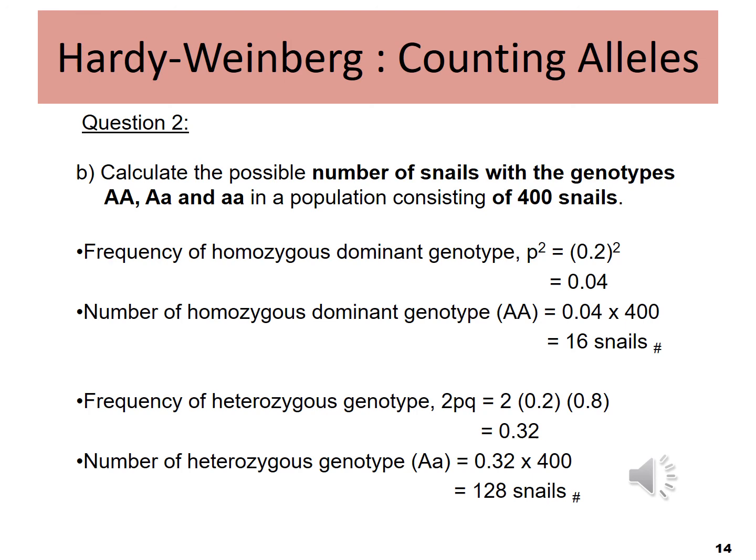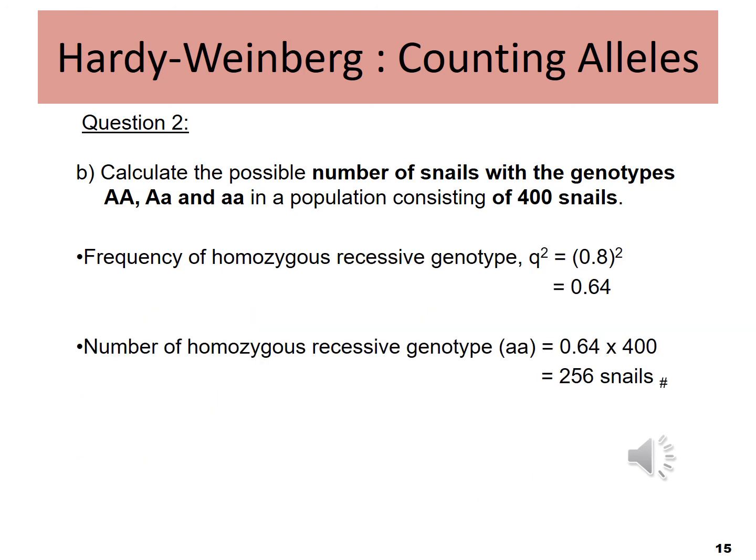For the frequency of the heterozygous genotype, 2pq, you need to multiply 2 by 0.2 and 0.8. Then you will get 0.32 for the frequency of the heterozygous genotype. To get the number of heterozygous genotype, you need to multiply the frequency of 0.32 by 400. So you will get the answer as 128 snails.